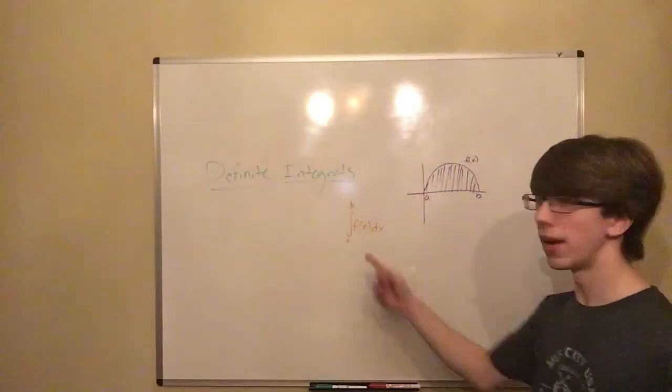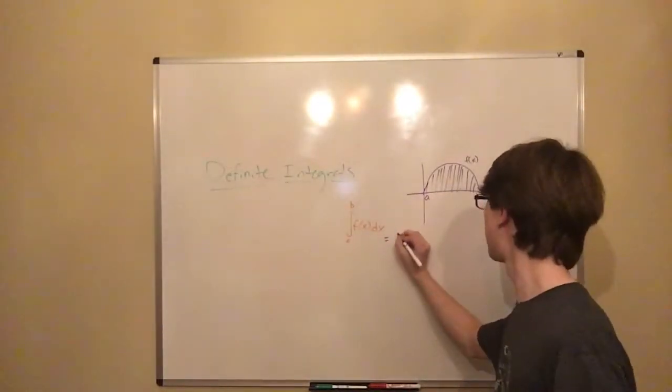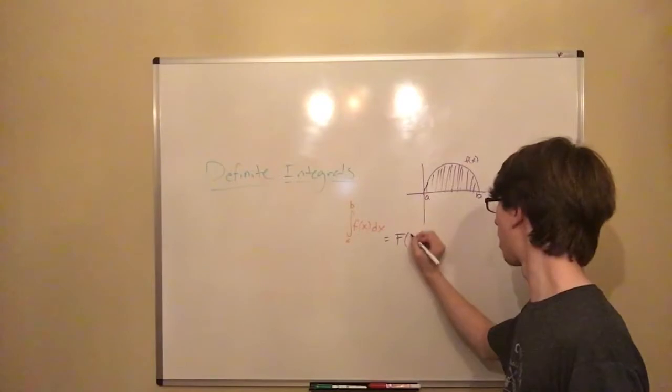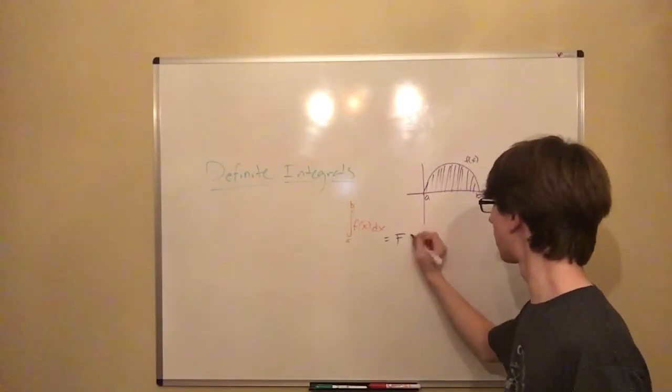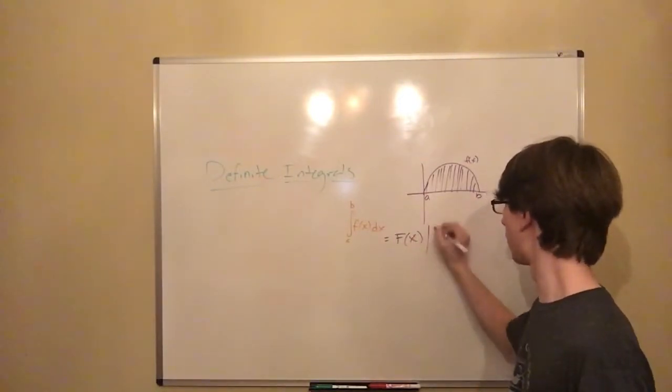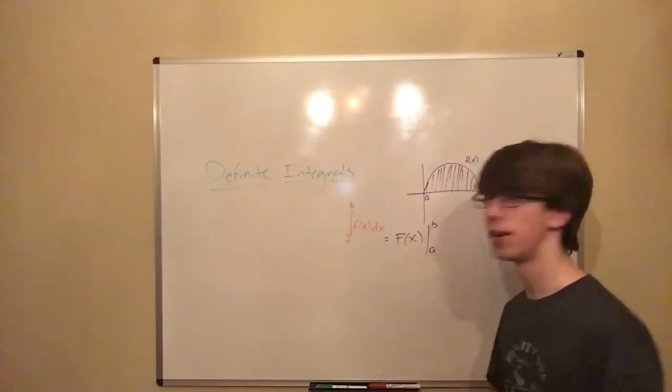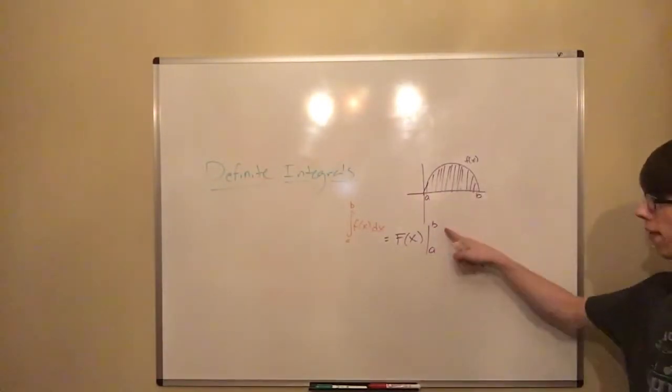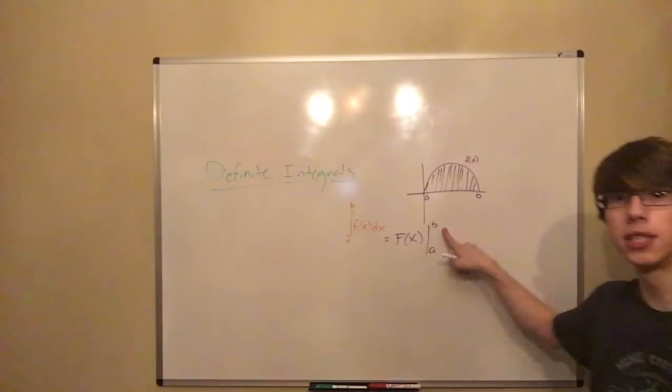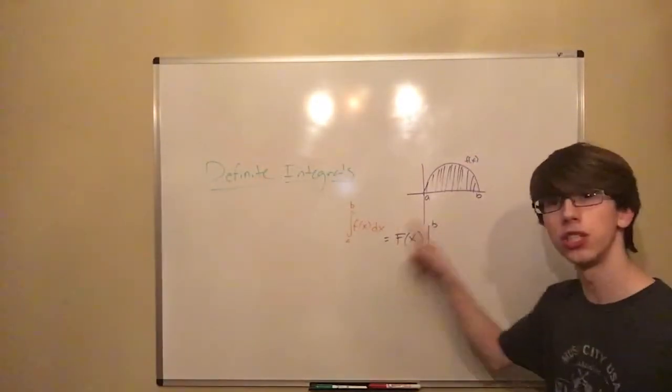So if I evaluate this function, what I get is the antiderivative F of x from A to B. So this is the change notation.